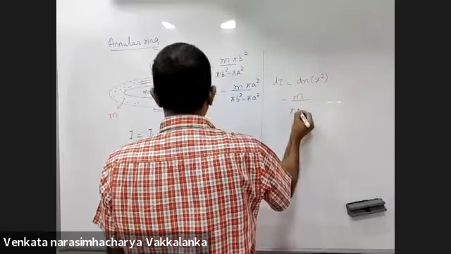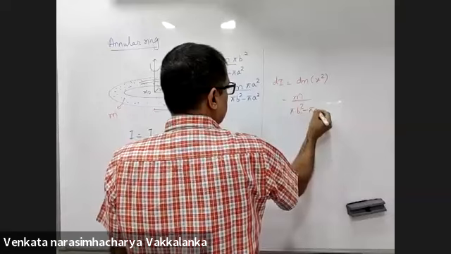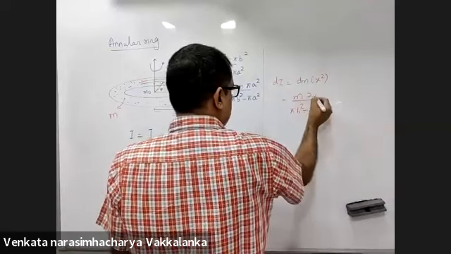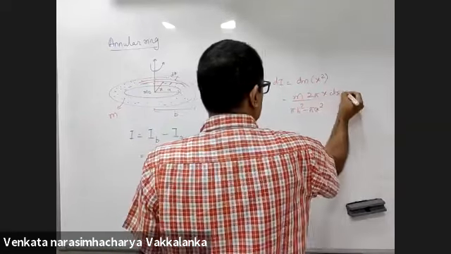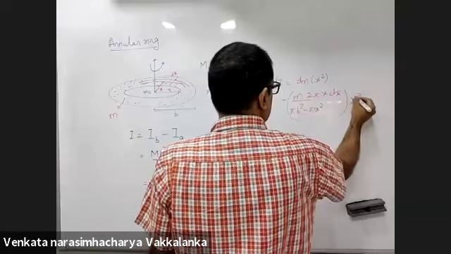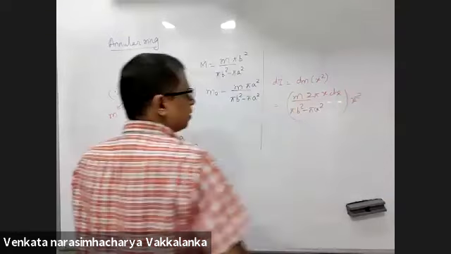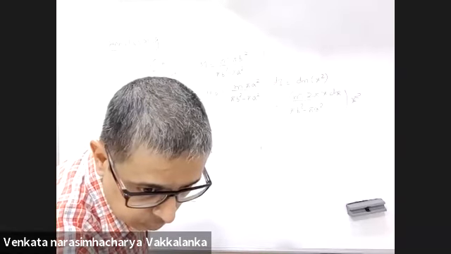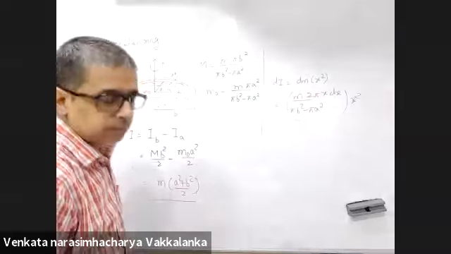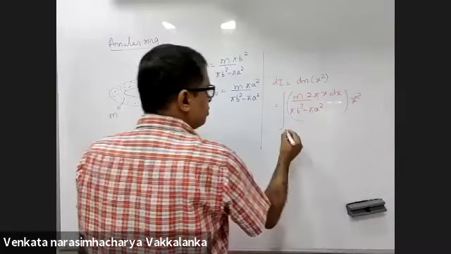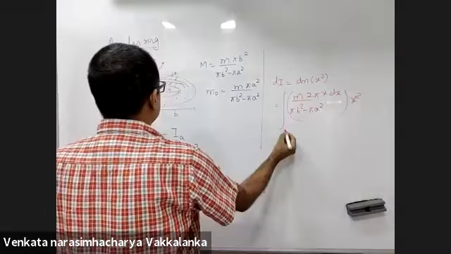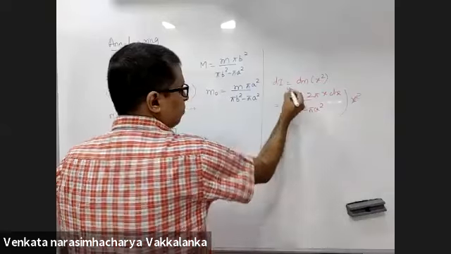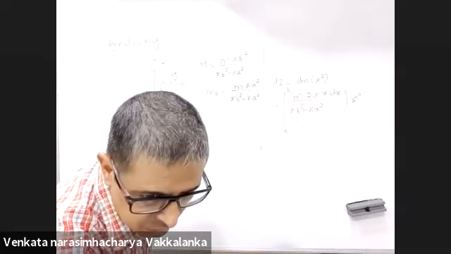Mass per unit area, m by pi b square minus pi a square, into 2 pi x dx into x square. Least value of x is a. Maximum value of x is b.